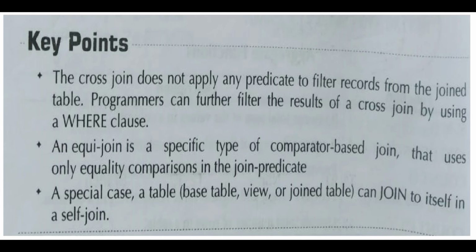Number 2, an equijoin is a specific type of comparator-based join that uses only equality comparison in the join predicate. Number 3, a special case: a table, base table, view or joined table can join to itself in a self join.